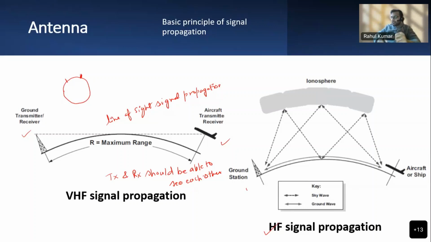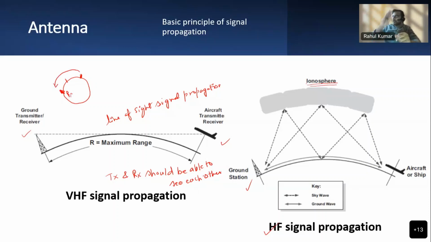However, for HF communication, you can transmit to a receiver across the horizon or across the curvature of the earth. For HF communication, what we do is we transmit the signal to the ionosphere.